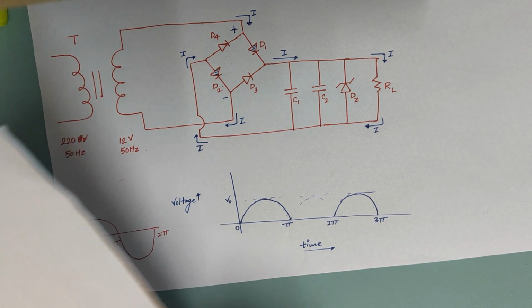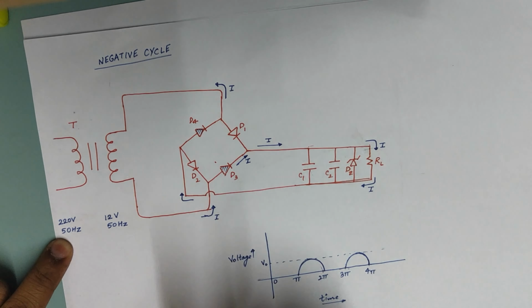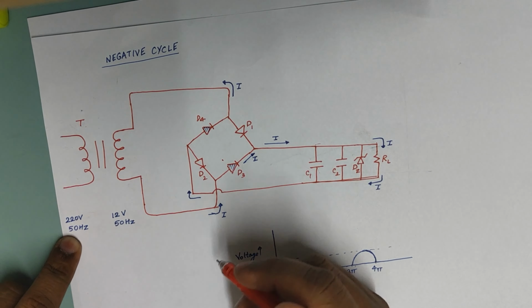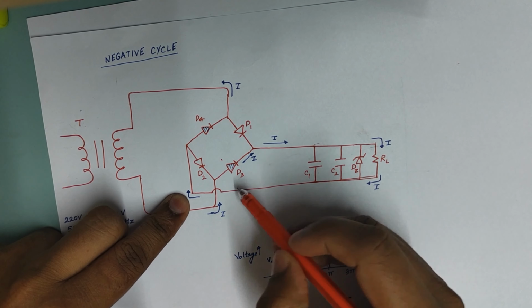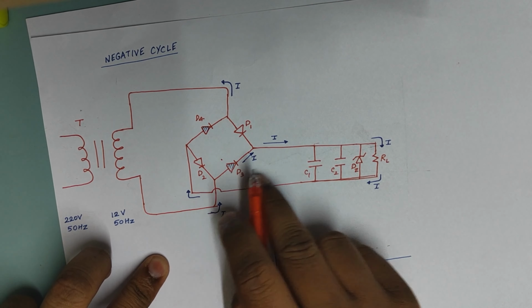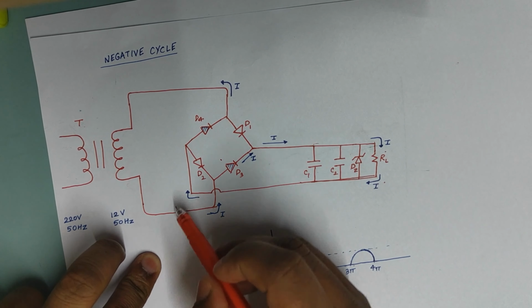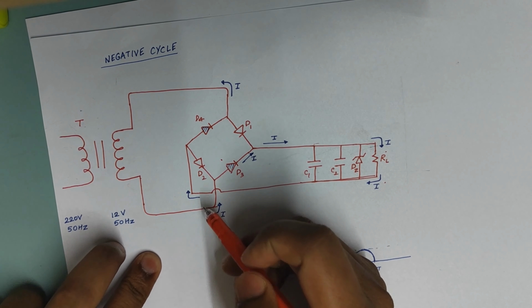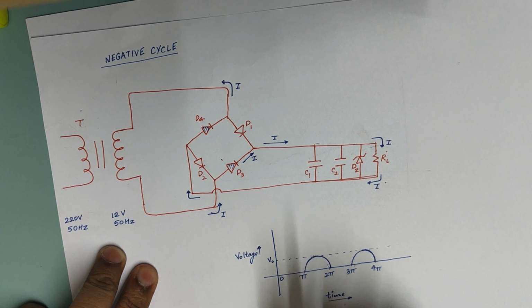Now for the negative cycle we have this circuit. Again, the diode D3 would be in forward bias, and the current will move from here to here and to D4, which is again in forward bias, so the circuit gets completed.